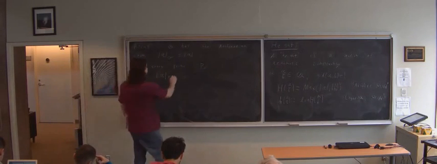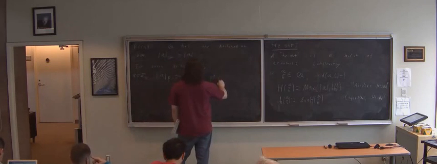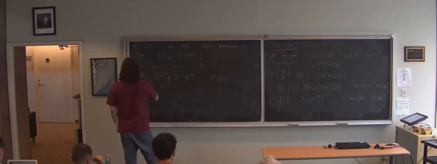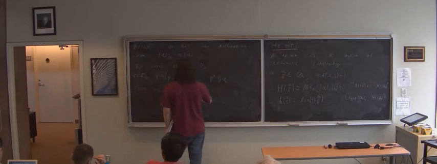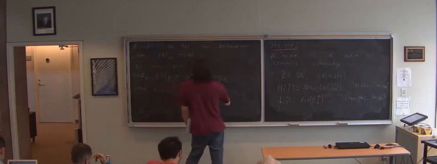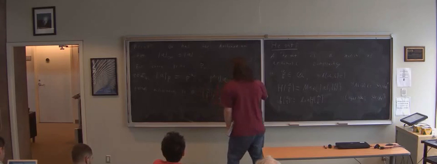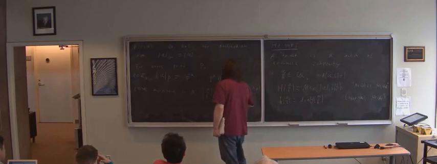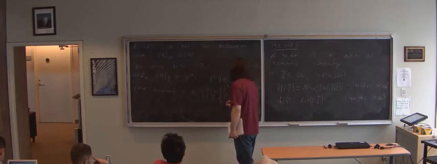We define the p-adic norm of A to be P to the power of minus n, where P to the n is the exact power of P which divides A. Then this extends multiplicatively to the rational numbers, where the p-adic norm of A over B is P to the minus n, where P to the n exactly divides A if n is at least 1, and if P divides B, P to the m, where P to the m is the exact power of P dividing B, and otherwise 1.